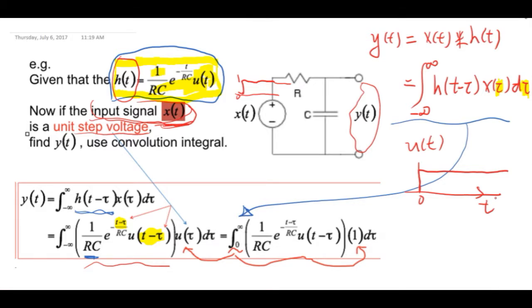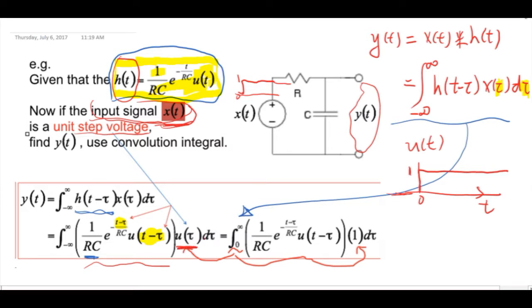Before switching on, of course, the voltage is equal to 0. When we switch it on at time equal to 0, it goes to 1. This is what the waveform is about. Then we simply replace this concept by putting it into u(t), and write it as u(tau).